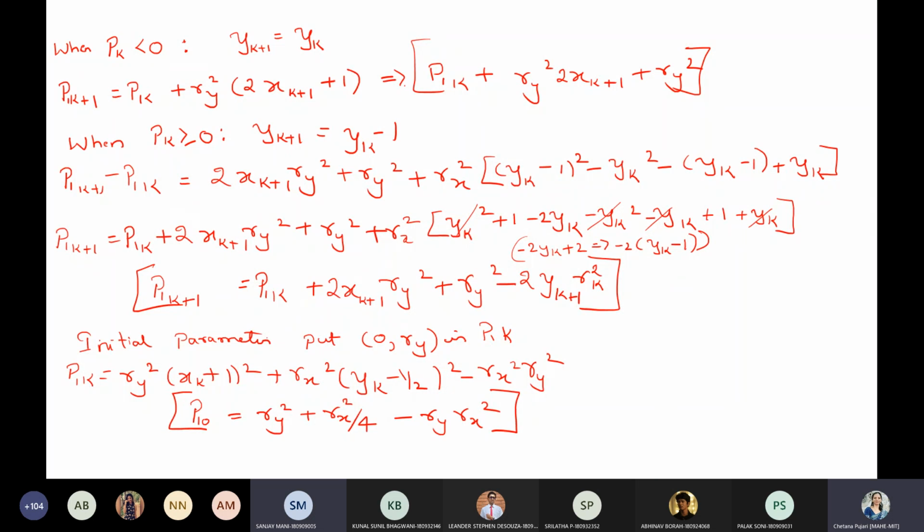We instead disregarded it and took only 1 minus r. For numericals we will disregard it, but the actual thing will still be a floating point. If you consider the algorithm, it will consider the floating value. But just for simplification purposes, while solving numericals, we have considered it as 1 minus r in the circle drawing algorithm.